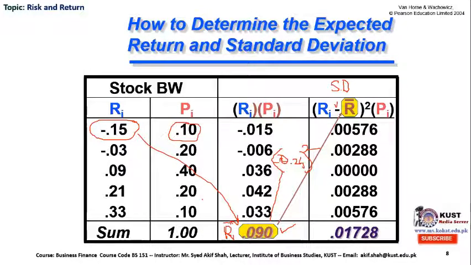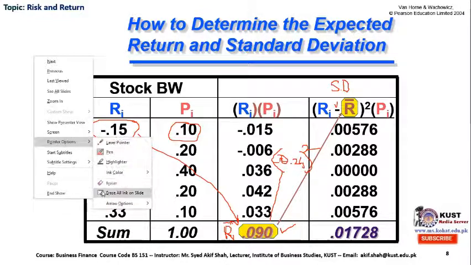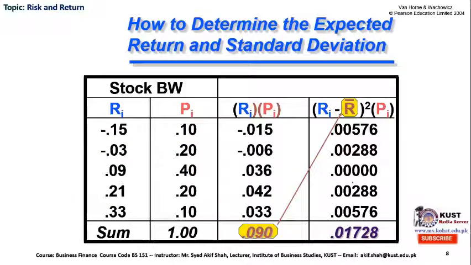Let me explain once again with the help of another numerical value. The formula to calculate is this one: Ri minus R bar, whole square, multiplied by the relevant probability. Ri in our case is 0.21, minus the expected rate of return, which is 0.09, then whole square.